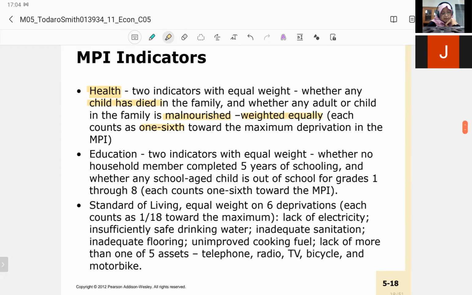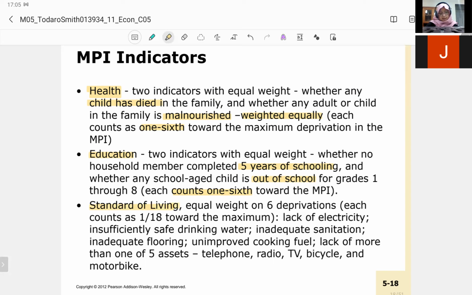And then for education, the two indicators will have equal weight. The first one is whether no household member has completed 5 years of schooling, and whether any school-age child is out of school for grades 1 through 8. So both will count as 1/6 towards the MPI. And then for the standard of living, there is equal weight on 6 deprivations.